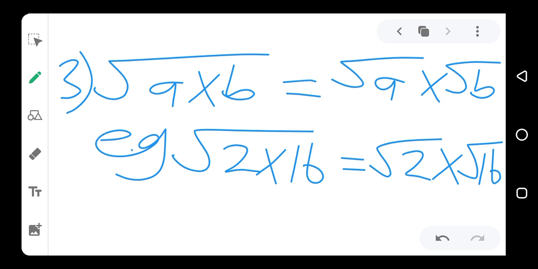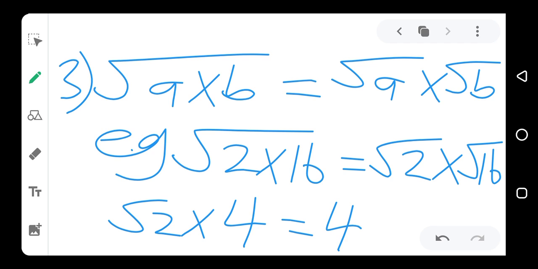So we have root 2 times 4, which is equal to the one that is whole number. You bring it to the back of the one that is not a whole number, that has square roots. So it becomes 4 root 2. This is the answer.